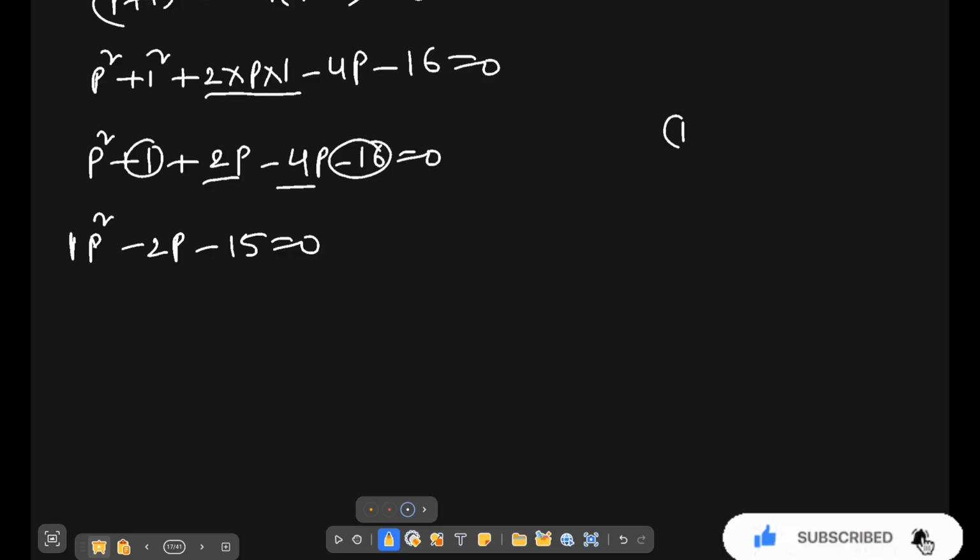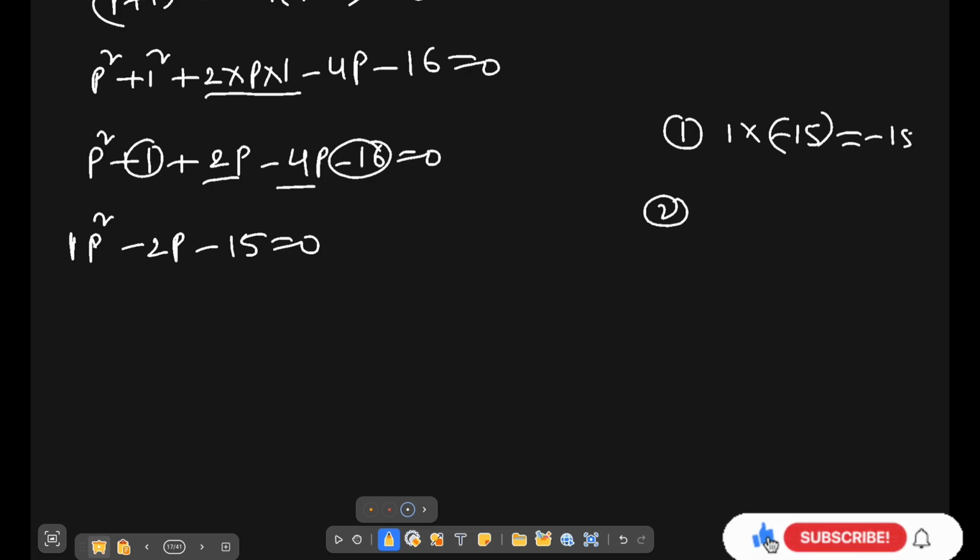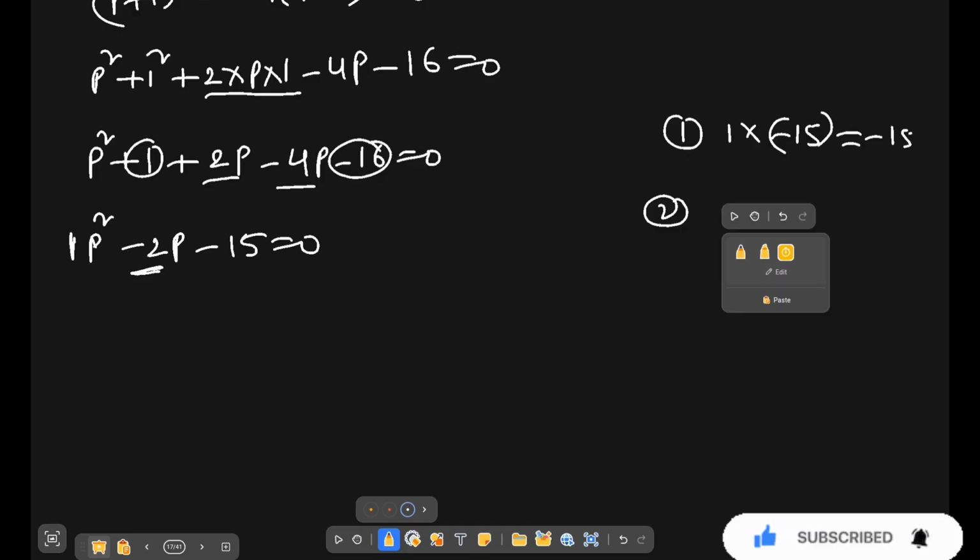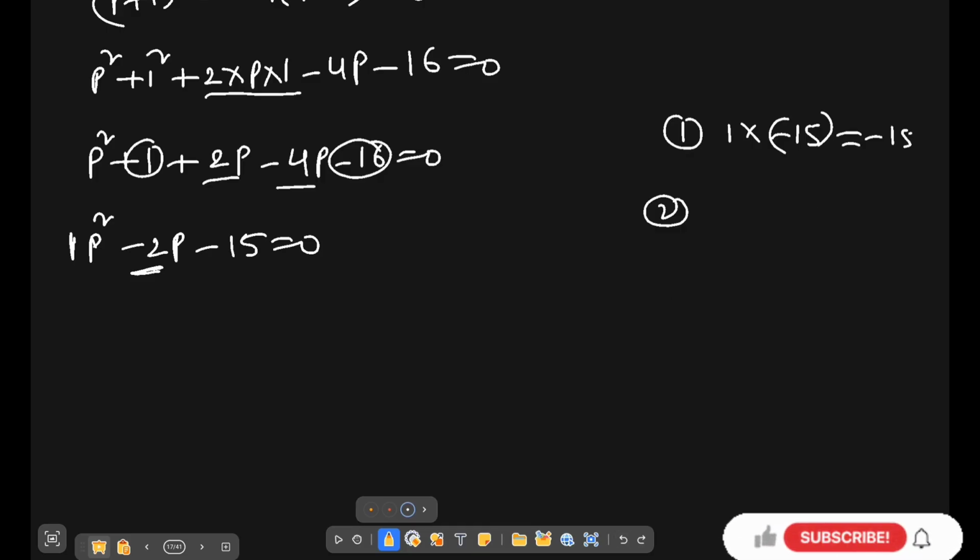Coefficient of p square is 1 and constant term is minus 15. So 1 into minus 15 is minus 15. The factors of 15 must be such that if we multiply, we should get minus 15, and if we add, we should get minus 2. What are the suitable factors? Minus 5 into 3 is equal to minus 15.